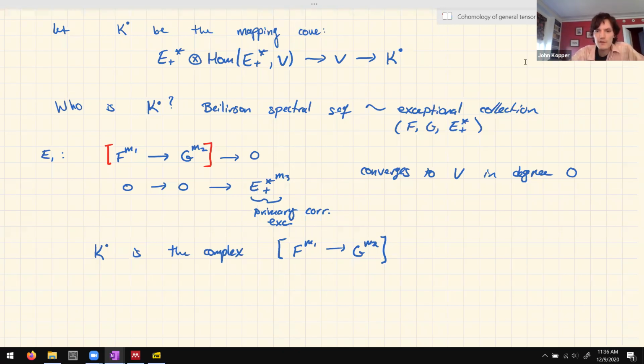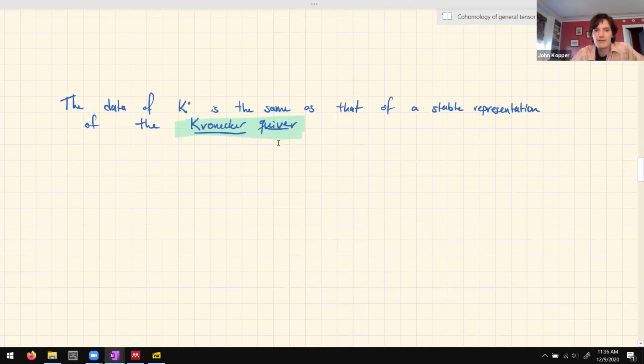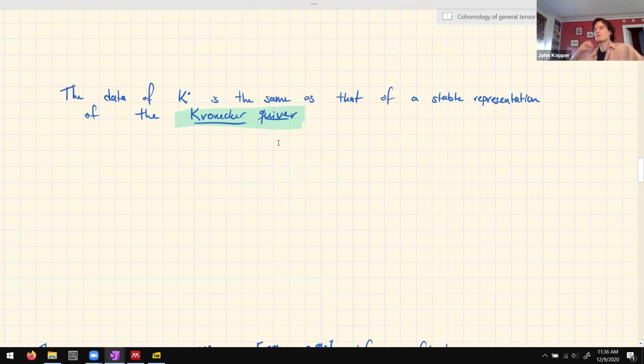Okay. Let me say just a couple things about K. The complex K is the same thing as a stable representation of a Kronecker quiver. So the Kronecker quiver, right, I have two dots and I have arrows. How many arrows do I have?